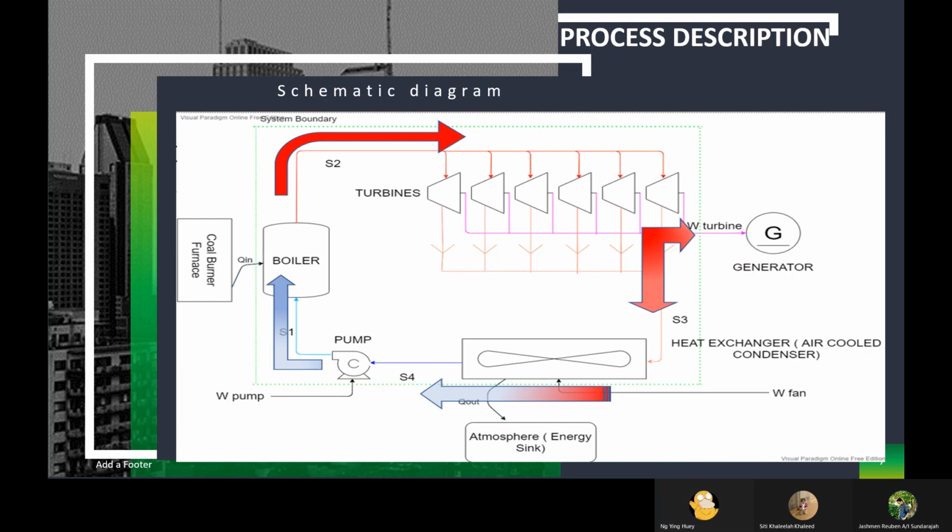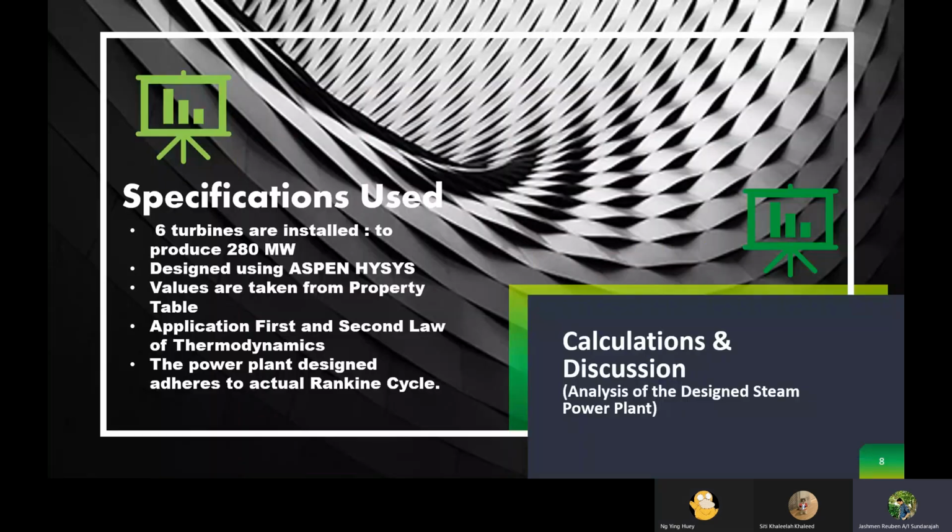Okay, so I'll be explaining the calculation and discussion done on the analytically designed steam power plant. So before I go further, I would like to share some of the specifications used. As you have seen in the schematic diagram before, there are 6 turbines installed so that we can produce the designated electricity of 280 megawatts.